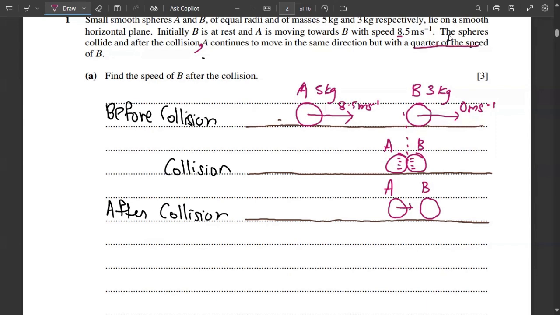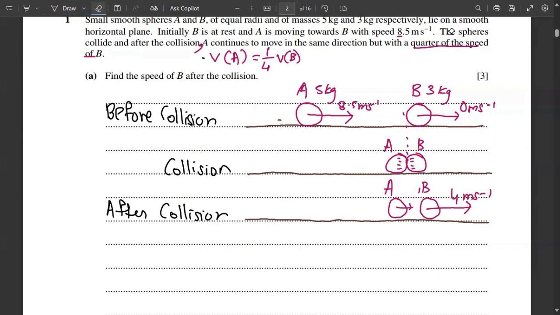It is moving at a quarter of the speed of B. That means velocity of A will be 1/4 of the velocity of B. So for example, if after the collision, B starts to move at 4 meter per second, then A will move at 1 meter per second. That's what they mean to say here.